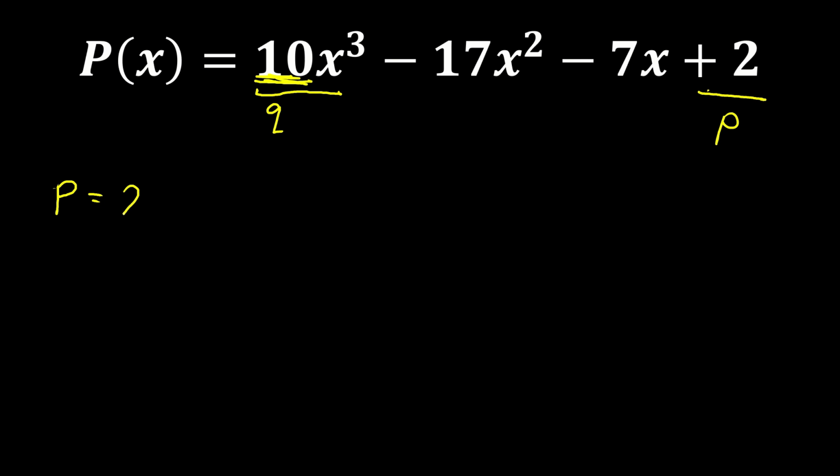Ang P is positive 2. So what are the numbers na kapag pinag-multiply, the answer is positive 2? So since 2 is a prime number, di ba? Ang pwede lang namang i-multiply para maging 2 ay positive, negative 1, and positive, negative 2. Tama? Kasi positive 1 times positive 2 is 2. Negative 1 times negative 2 is positive 2.